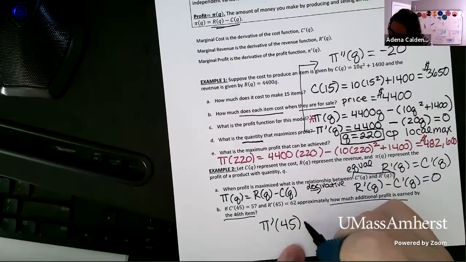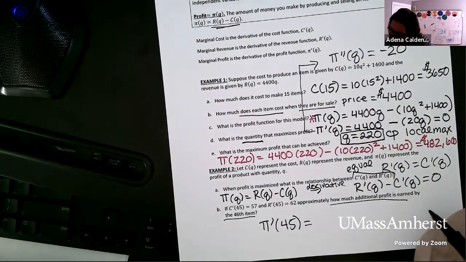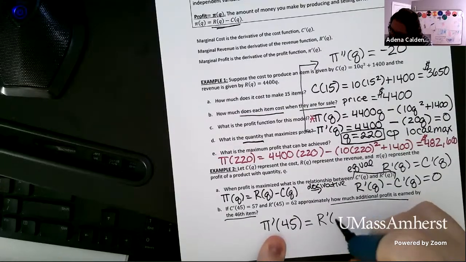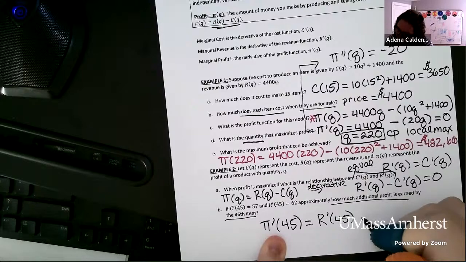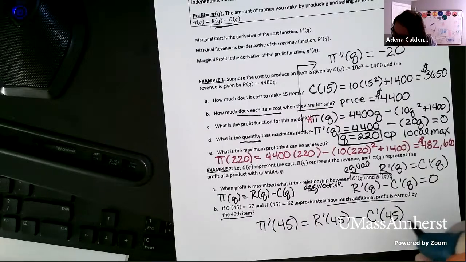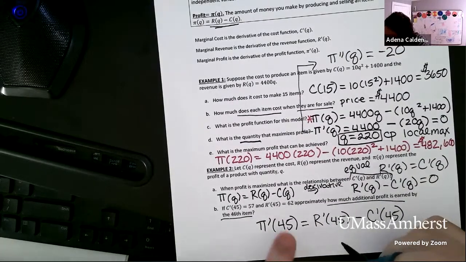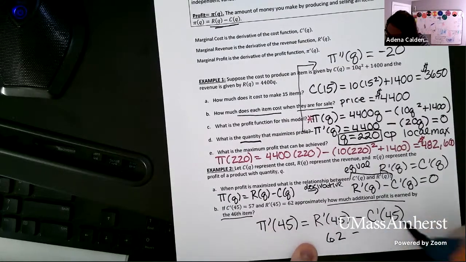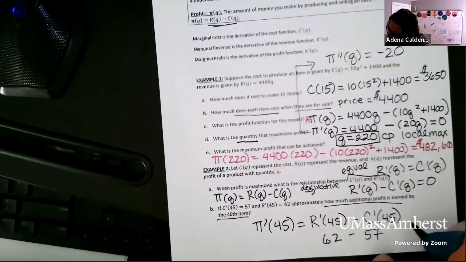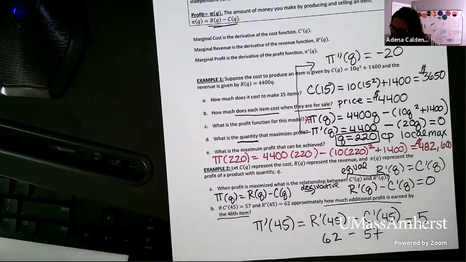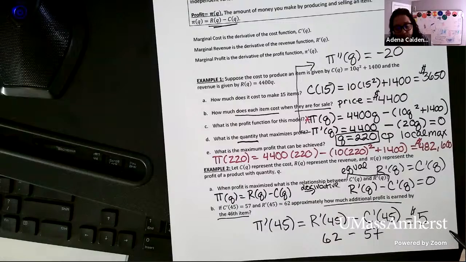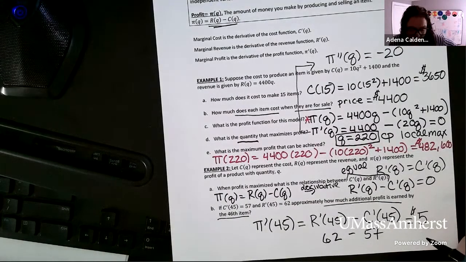And so sometimes we lose sight of the fact that the derivative is just talking about one unit away. So the marginal profit at 45 is the marginal revenue at quantity equals 45 minus the marginal cost at quantity equals 45. So the marginal revenue, let's see, is 62. The marginal cost is 57. So 62 minus 57 is going to give us a marginal profit of $5. So the additional profit to get to the 46th item is going to be $5.